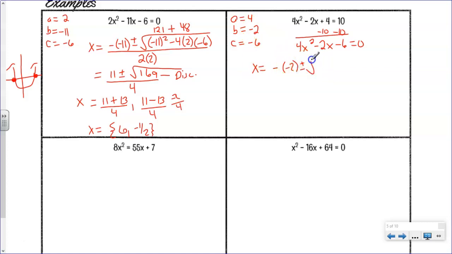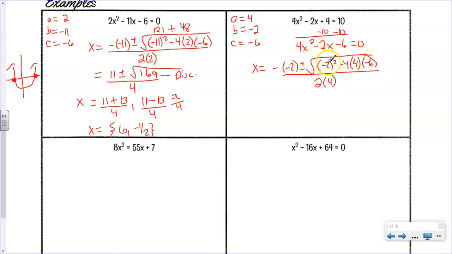plus or minus the square root of b squared minus 4 times a times c, divided by 2 times a. So I just plugged in my b, my a, and my c.